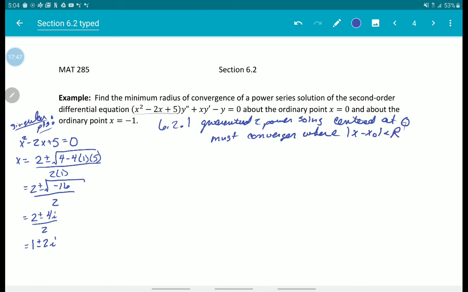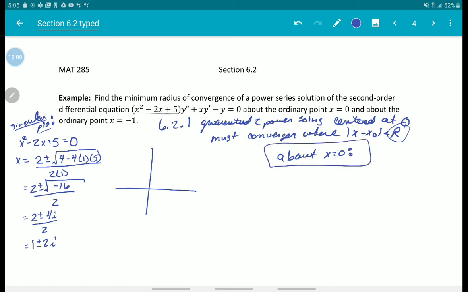So we're looking for that distance there. So let's think about this graphically. And we're starting with that x equals 0. So let's graph these points. So we're looking at 0, here's here. If we graph 1 plus 2i, this is our imaginary axis, or 1 minus 2i, the distance would be the same. So let's just find that distance.